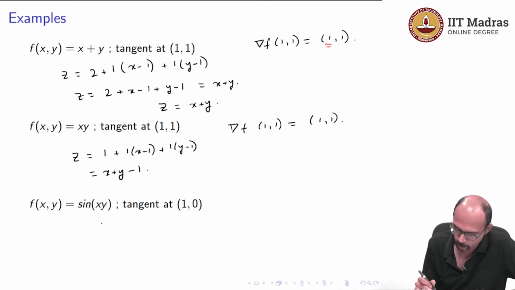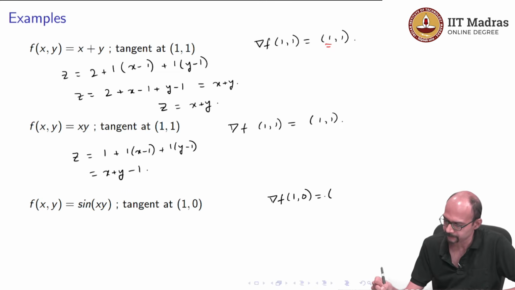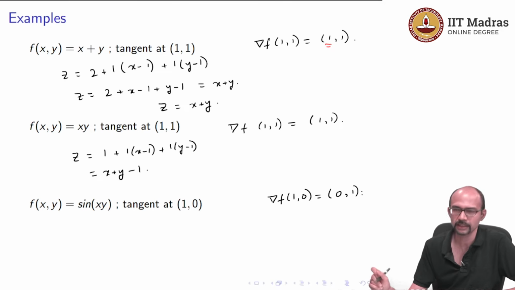And finally, let us do f of x y is sin x y. Let us maybe compute the tangent plane at 1 comma 0. The gradient at 1 comma 0 is given by 0 comma 1. This is a computation we have done earlier.